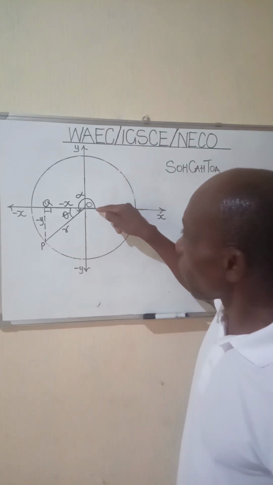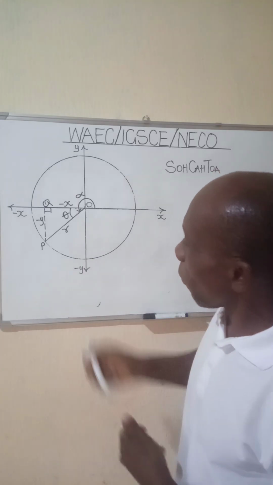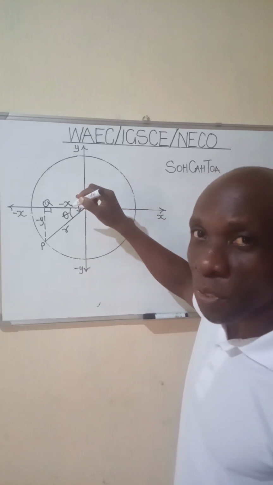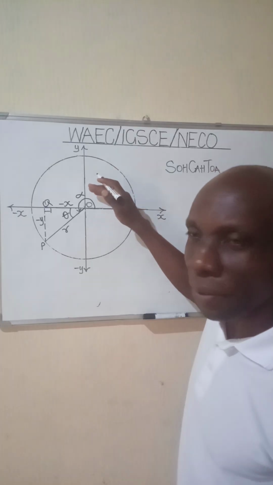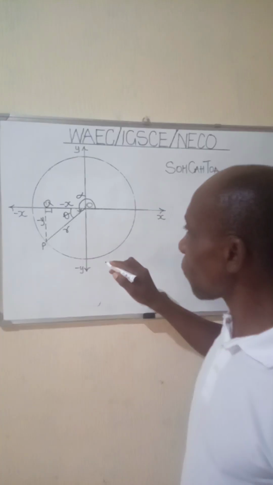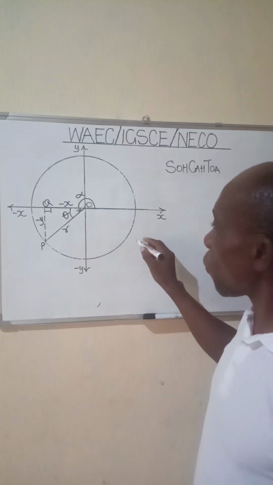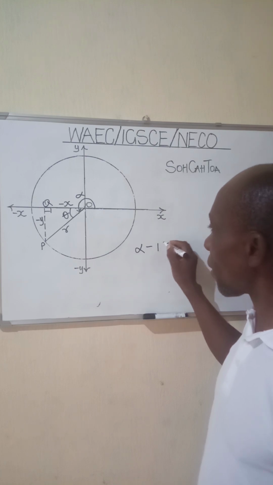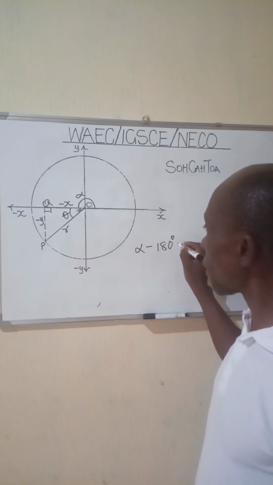Now, like I said, alpha starts from here, it stops here. Now, there is an acute angle, theta, here, that we shall use to generate all the trig ratios for angle alpha. So how do we know the value for theta? What we are going to do will be the value for alpha minus 180 degrees. This will give you what?